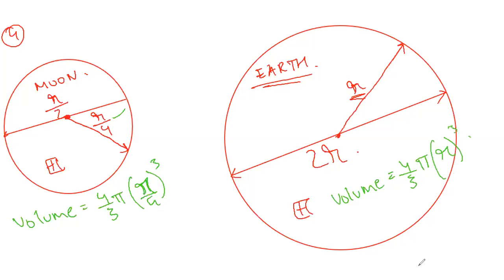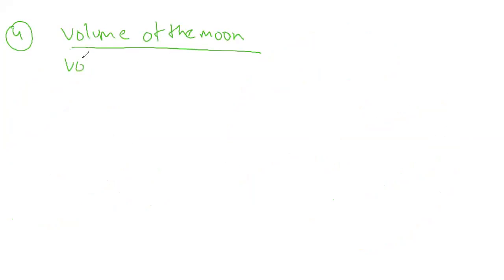Okay, so once we have found the volume of the moon and the volume of the earth, we will divide the volume of the moon by the volume of the earth. This is our fourth question.